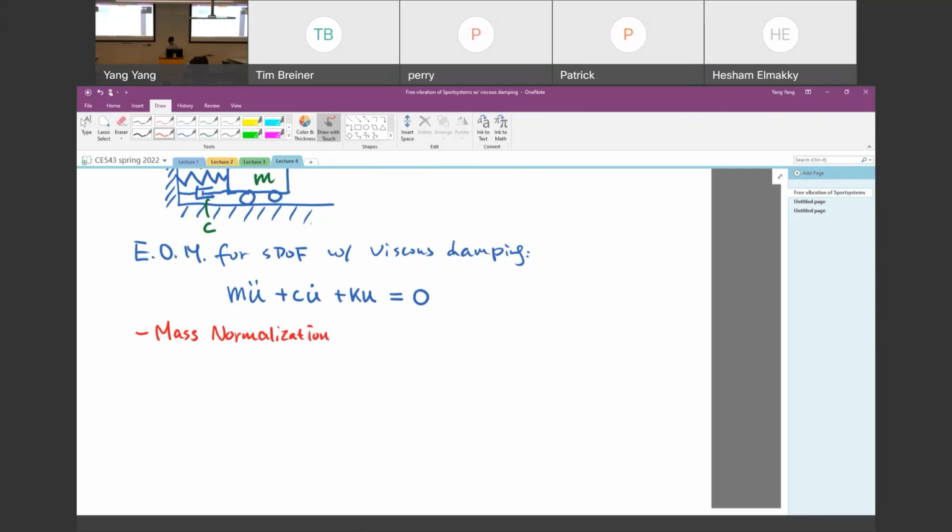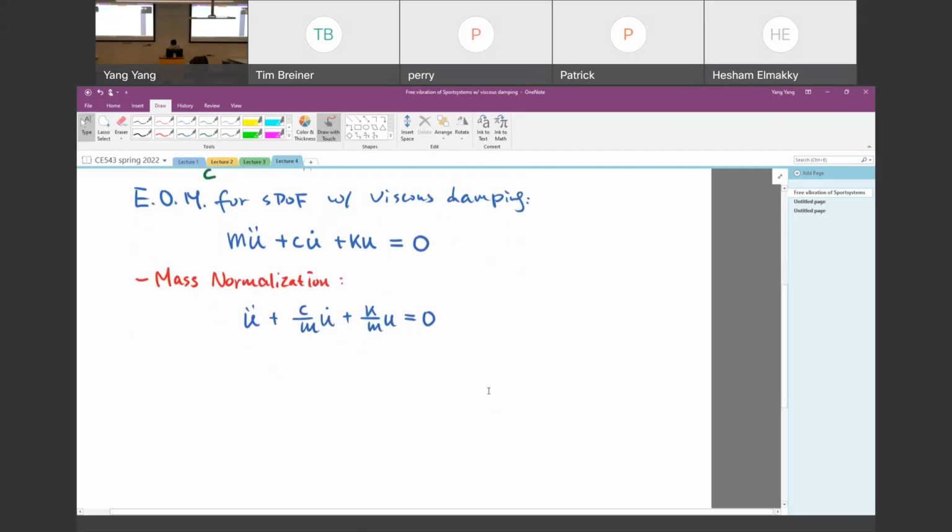That means we divide the mass on both sides of the equation, and so we will have an equation like this. That's very simple math.